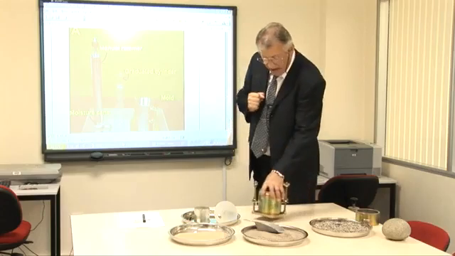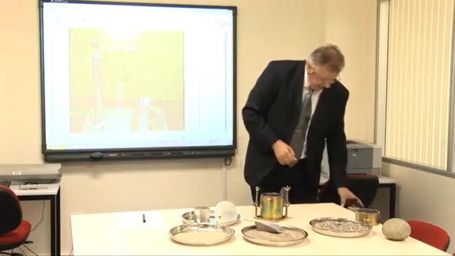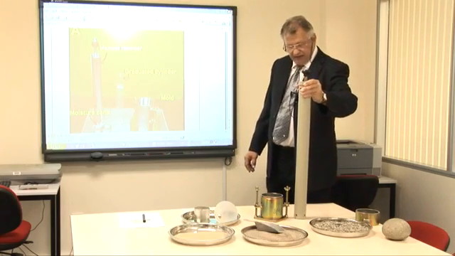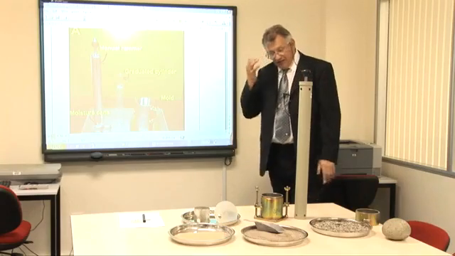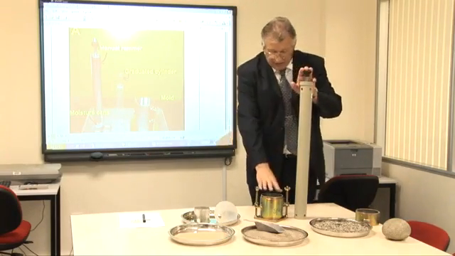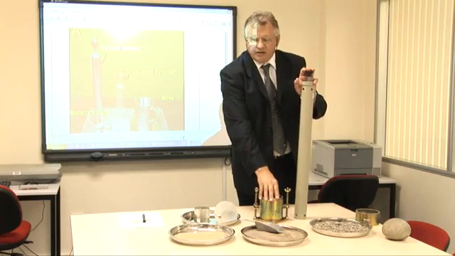For that test, I will use a larger cylinder, because I will have to use more soil, and we have a certain size of hammer to compact the soil into the cylinder. The size of the hammer and the size of the cylinder is a standard in every single country in the world.